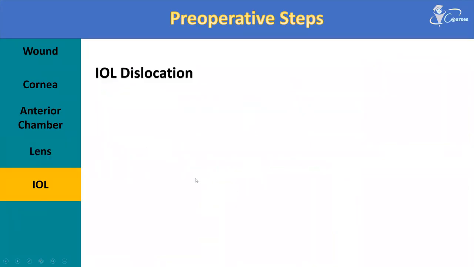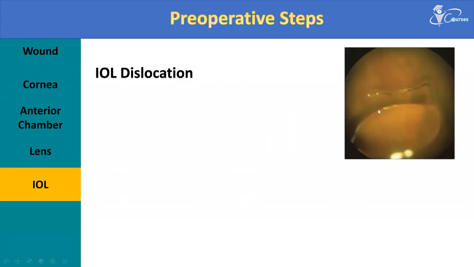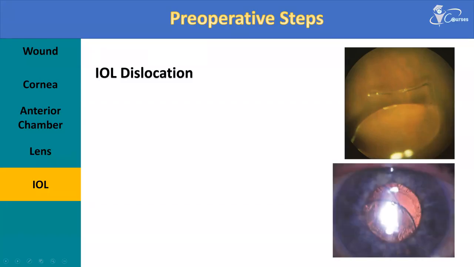If we don't pay attention to this dialysis, it will result in IOL dislocation. It can be dislocated into the vitreous, or it can be dislocated within the bag. If it is dislocated in the bag and we see it intraoperatively, we need to know what the problem is.